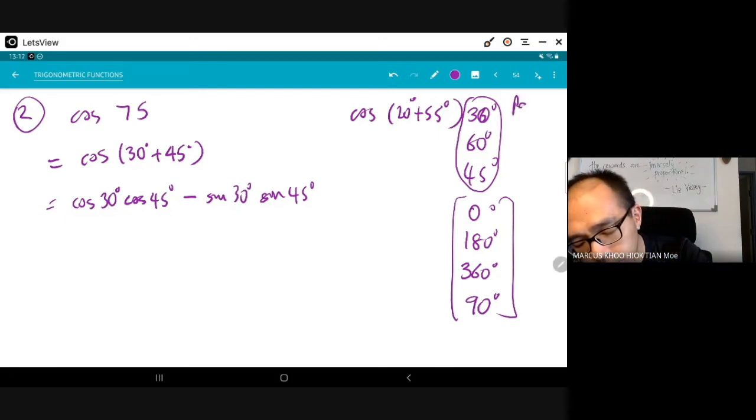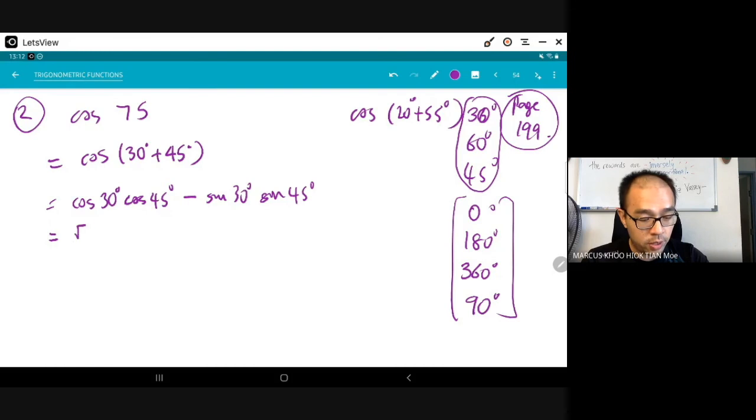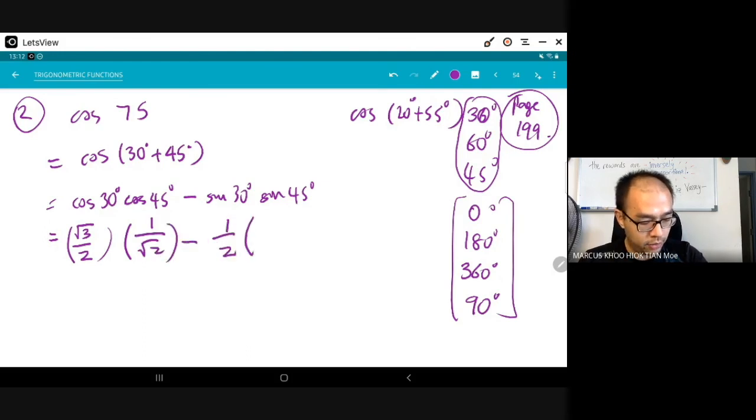Page 199 in your textbook will tell you the values. So cos 30 is square root 3 over 2. Cos 45 is 1 over square root 2. Sine 30 is 1 over 2, and sine 45 is 1 over square root 2.